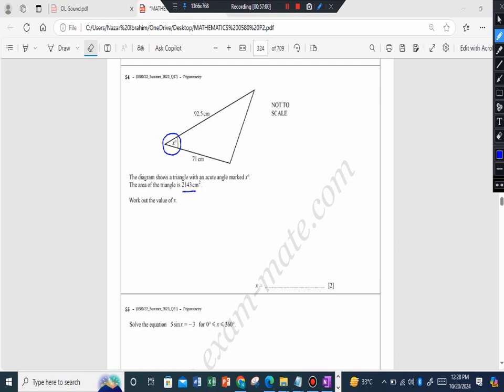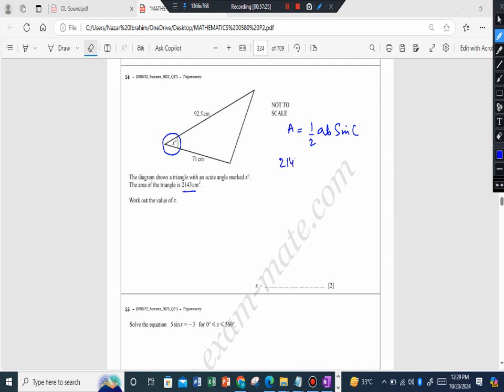Now we don't know that it's a right-angled triangle, so definitely we cannot apply the simple triangle area formula, that is half base into height. So we will use the other formula, that is area is equal to half ab sine C, since two sides are known and the included angle is the required angle.